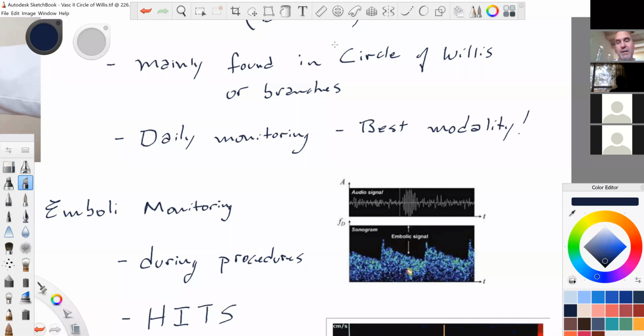So we do daily monitoring, and ultrasound, as difficult as it is to get through that thick skull of Max. I'm just messing with you. But as difficult as it is to get through a thick skull and all the troubles we have, ultrasound is still the best modality for the daily monitoring. In some hospitals, you see the same patient every day for weeks on end until they start getting better.